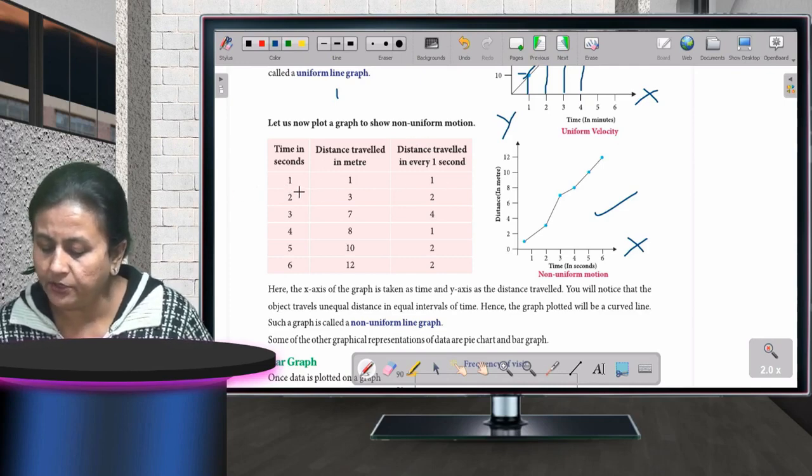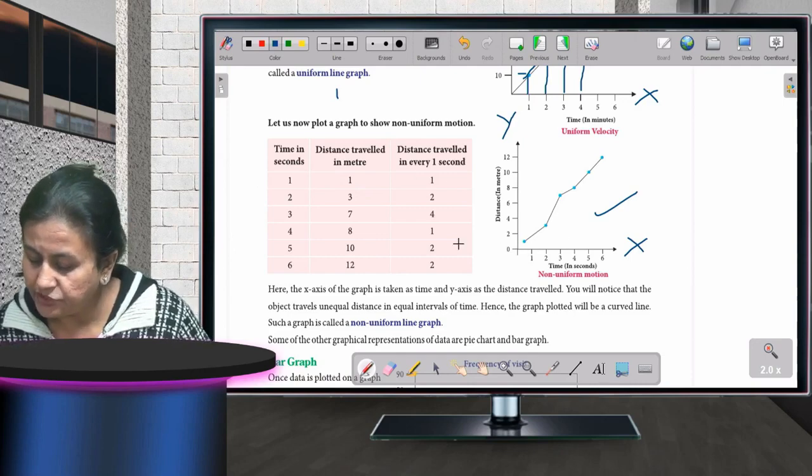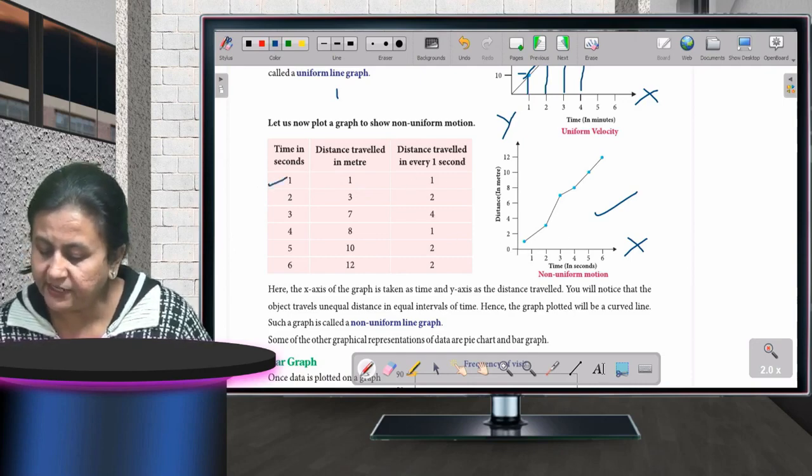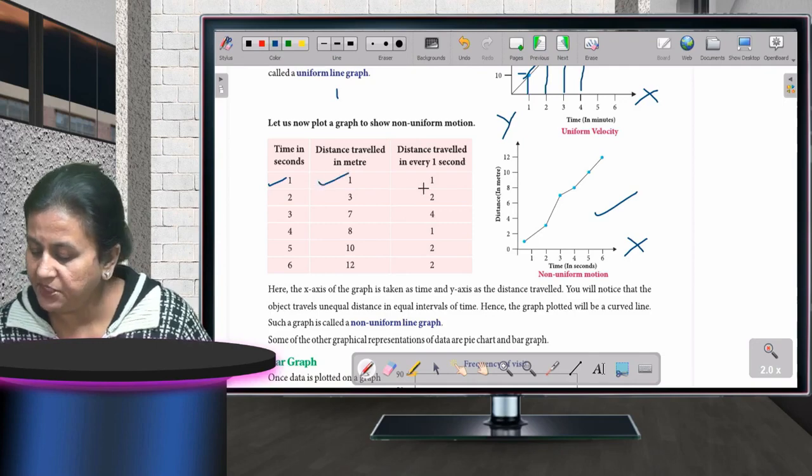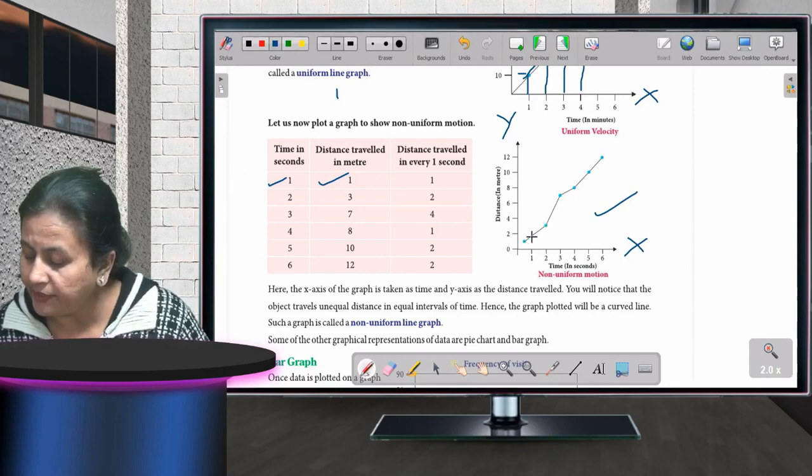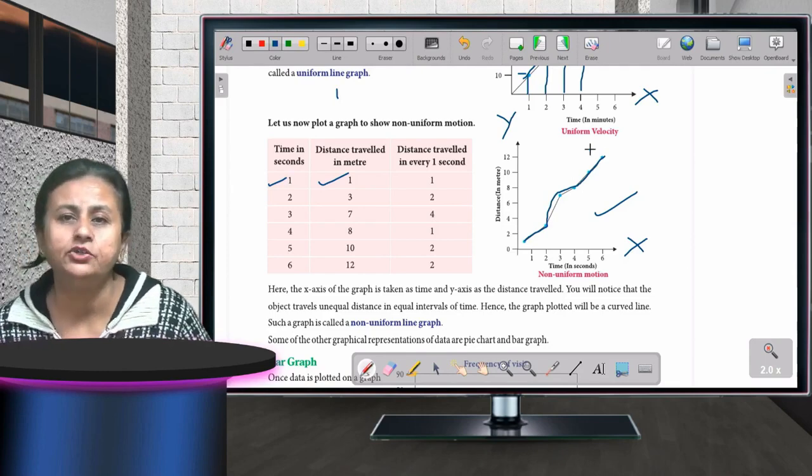You are going to plot how much time there is. Is it in a straight line? No. That means here the motion of the body is non-uniform motion.